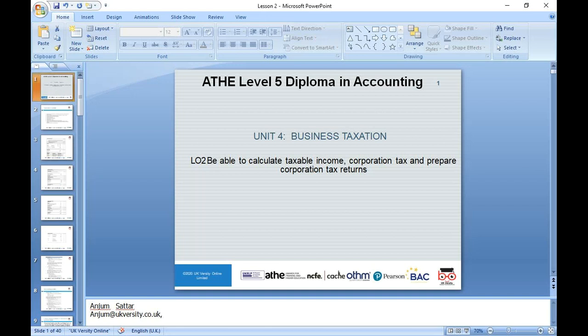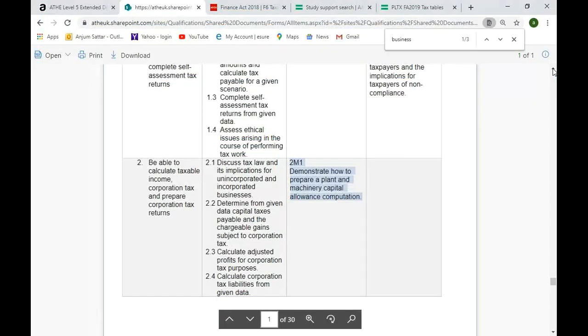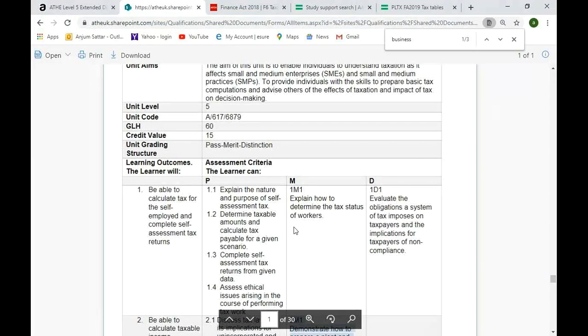Before starting our lesson, we'll recap what we learned during our last lesson. Anything you remember from last lesson, please? What I learned last lesson was to be able to calculate tax for the self-employed and complete self-assessment tax returns.